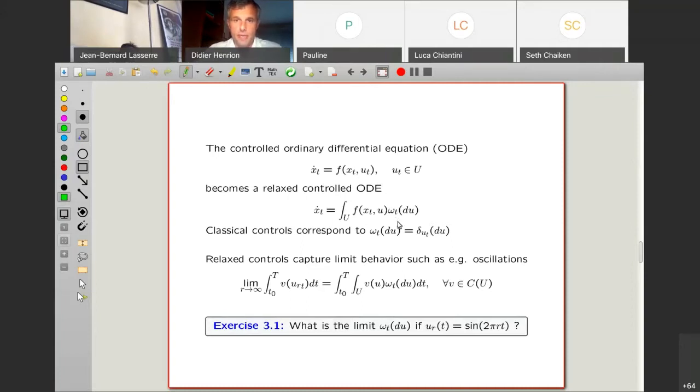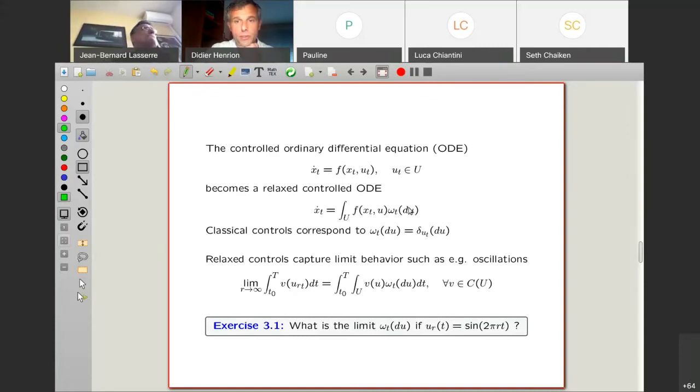using this time-dependent probability measure, I just replace here the control u of t, the function of time, with a variable with respect to which I integrate.